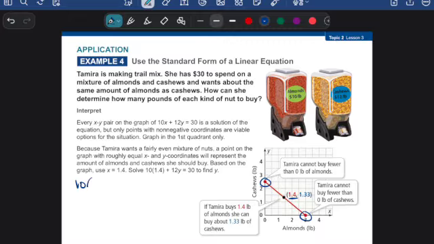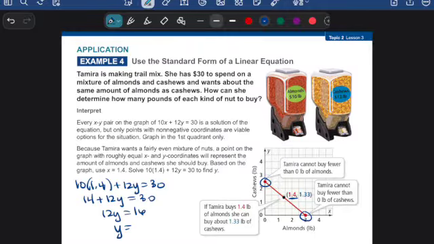So 10 times 1.4 plus 12y equals 30, and we're going to solve for y. So 14 plus 12y equals 30, 12y equals 16, y equals 1.33. That's pretty close to 1.4.